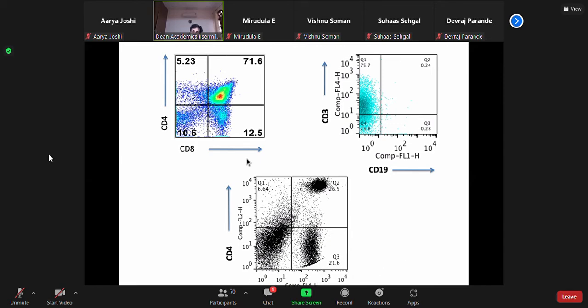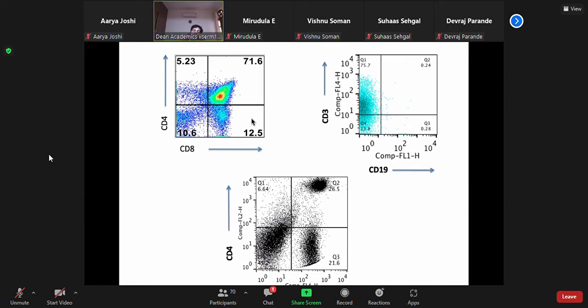You are looking at two markers, and you divide them into these quadrants. In this area you get double negative, here you get double positive, and single positive for whichever marker you are looking at.